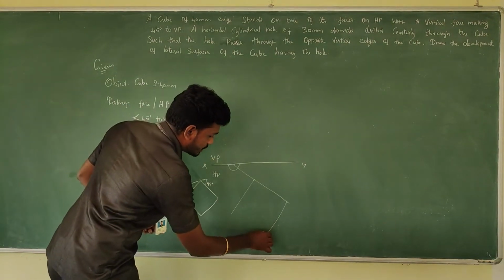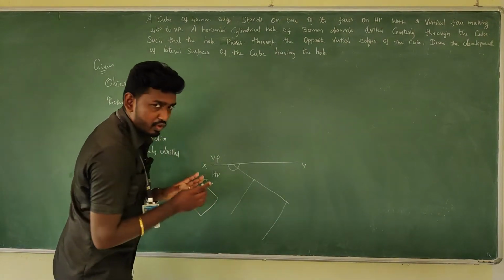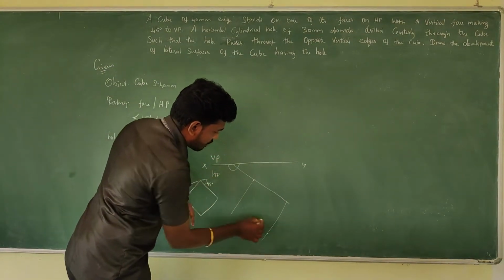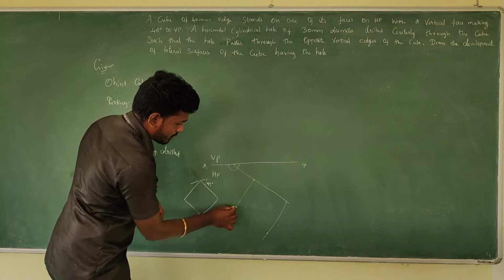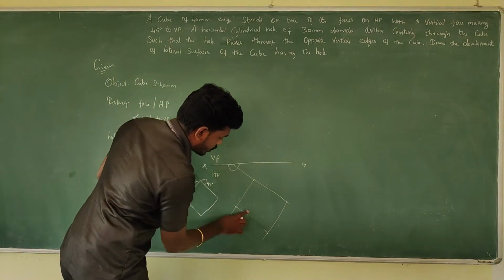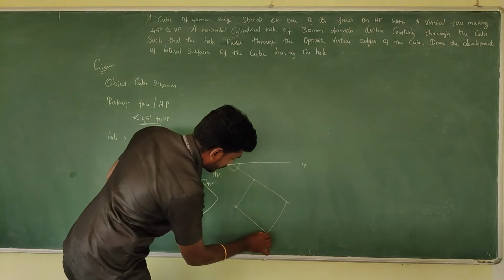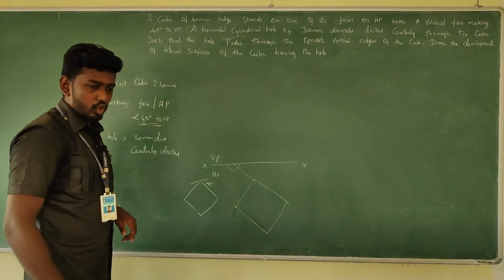Then again, all the 4 sides form a perfect square, right? So make a cut mark from this end at 40 mm, and from this end make a cut mark, so that you are able to get all the 4 sides of the cube.